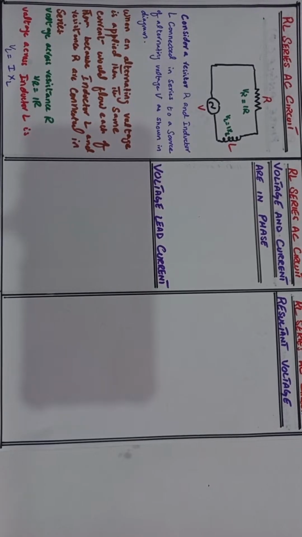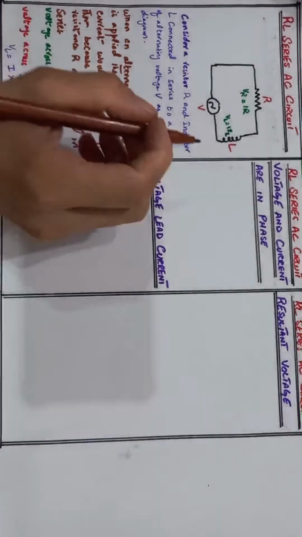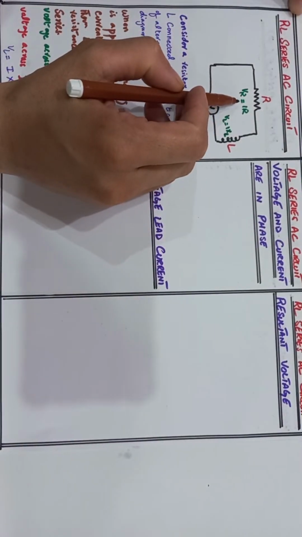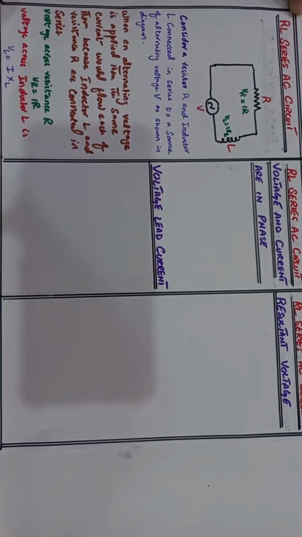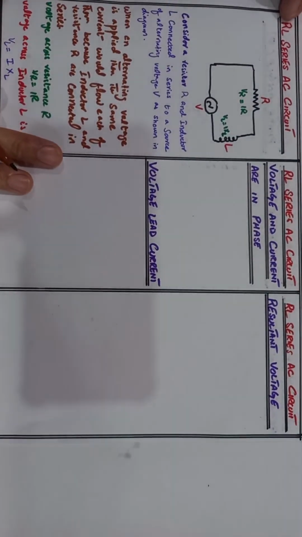Now we discuss the next topic, that is, voltage and current in phase. We know that across the resistor the voltage and current are in phase.